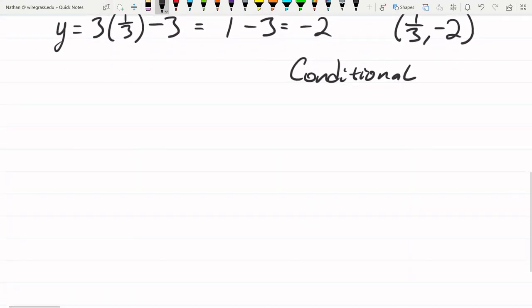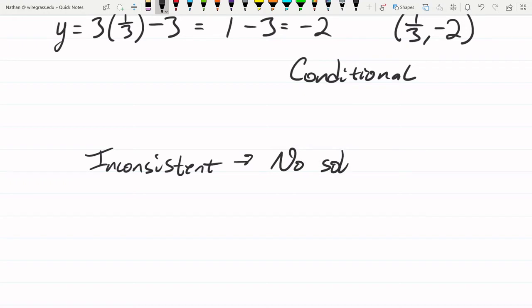Now, in addition to conditional, there's two more types of solutions. That is inconsistent. Inconsistent. This means no solution. And then the last type is called dependent.